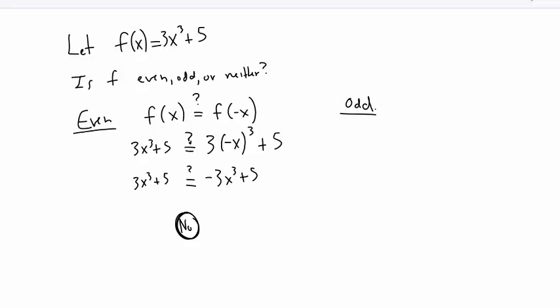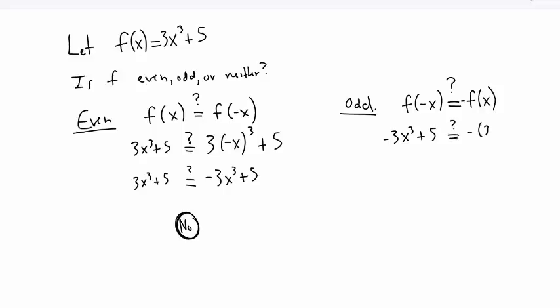Maybe it's odd. Let's check. So here we want to see whether f of minus x is equal to minus f of x. F of minus x, we just computed that. It's this.